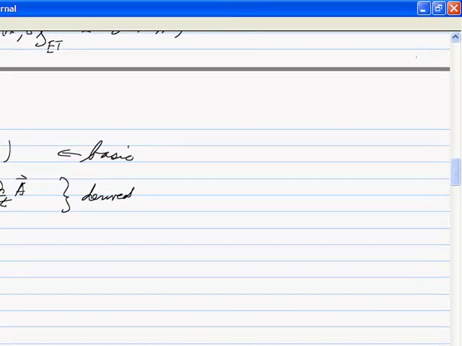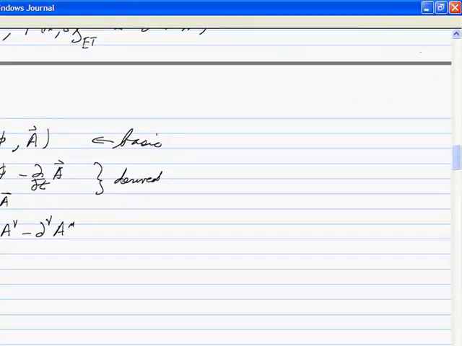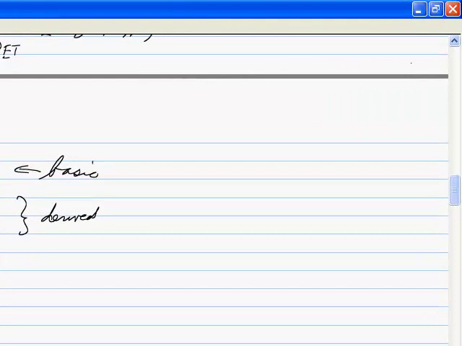And in particular, they live in the following beast: the field strength tensor, so these are field strengths, F mu nu equals d mu A nu minus d nu A mu. Okay, so those are the derivative operators acting on this field.